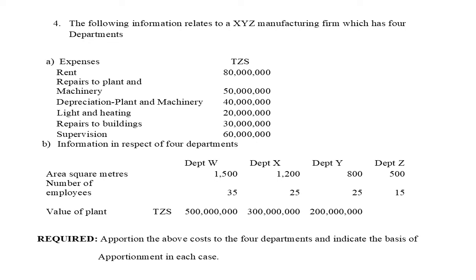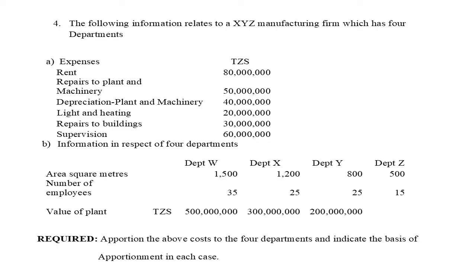So this information that we have helps us to share these overhead costs. These costs are not known by which department incurred how much, and therefore we are using some information that might be relevant.